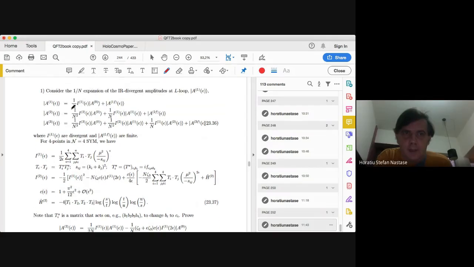Yeah, so that's another point. You can define this thing without an epsilon as a finite tree level thing, right?